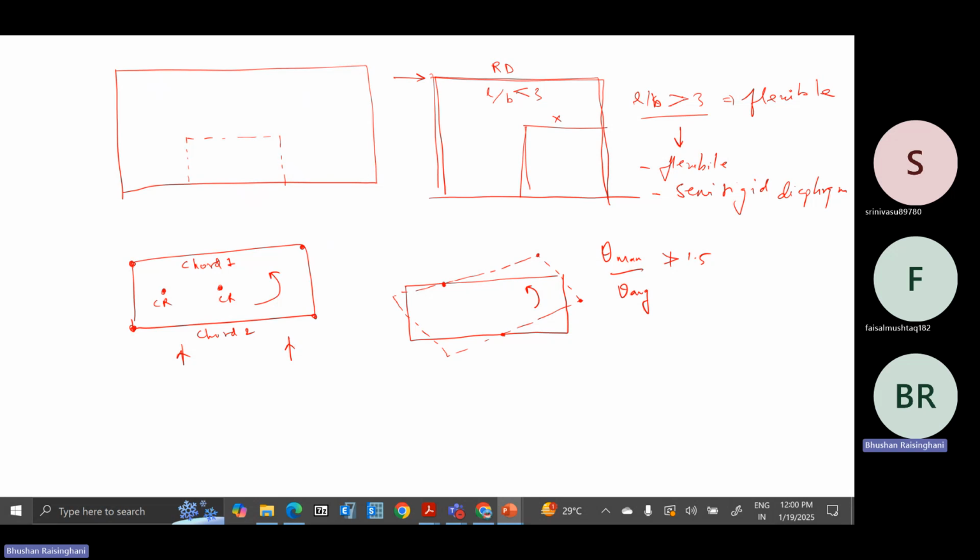So we are compensating it. In the IS code there is no compensation mentioned, but in the ASCE code, if it is a torsionally irregular building, they are using a multiplication factor.